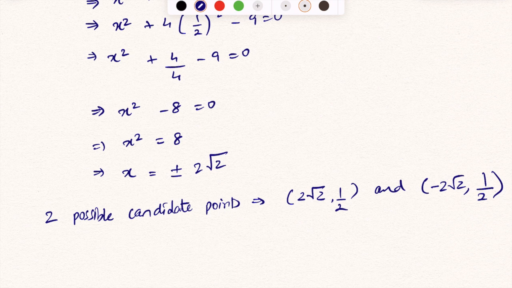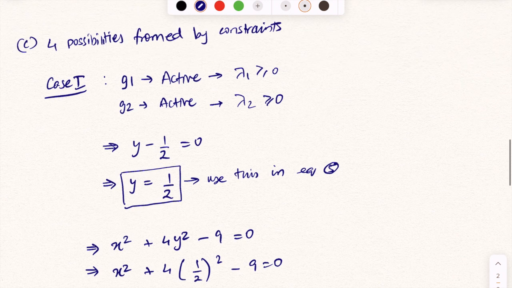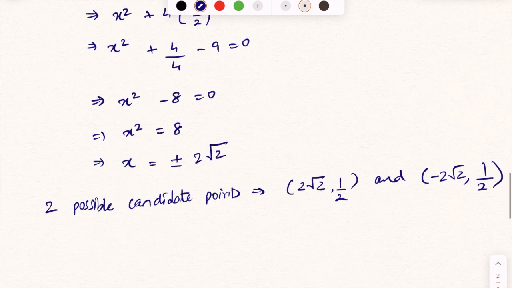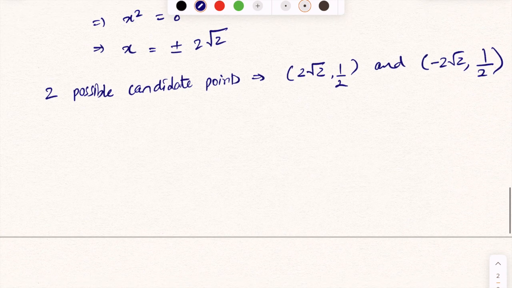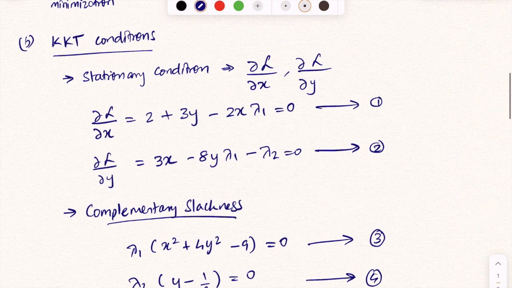To determine that, we will plug these into an equation with lambda to determine if that value for lambda 1 or lambda 2 satisfies our constraints defined up here, which is that lambda 1 and lambda 2 have to be greater than or equal to 0. So let's start plugging in these values into, let's see, which equation has lambda 1 and lambda 2 involved.